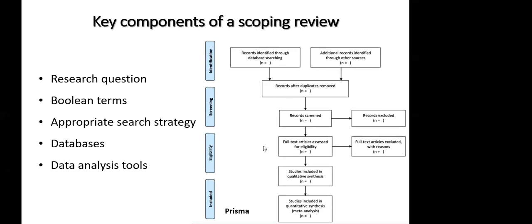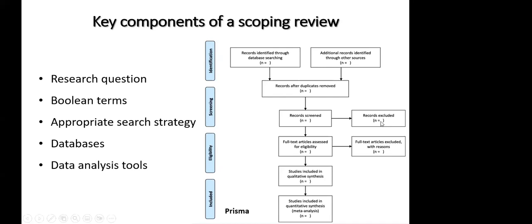So there is this PRISMA diagram that has been developed where they show different steps, and perhaps we can also use it to guide ourselves in terms of where we are. It's step-by-step, but we often use this in recording our results, and I will go through this with you.